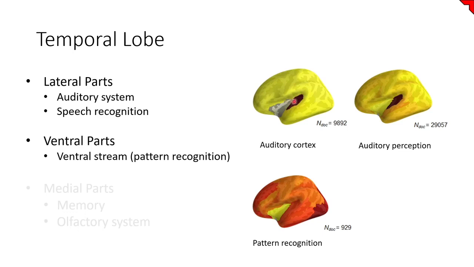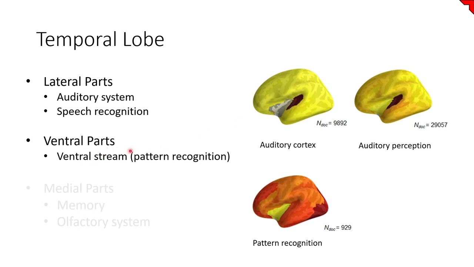In the same way, as I said, with the somatosensory cortex, this cortex receives the information first, but is unable to interpret this information and needs the secondary auditory cortex and the auditory association cortex to actually perceive and understand what it is hearing. So if you would stimulate this primary auditory cortex, you would know that you're hearing a sound, but you couldn't say if it's a melody or just white noise.